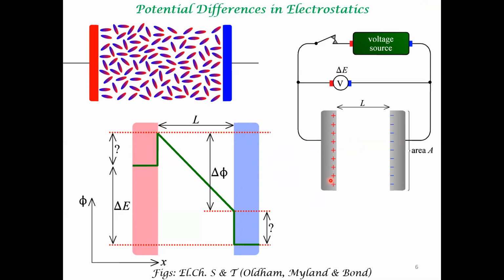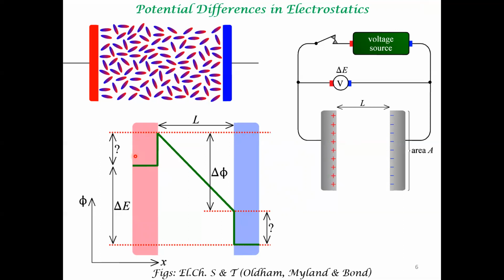But what you should have some appreciation for right now is that there is a potential jump as you go from the electronic conductor to the ionic conductor. What is the magnitude of the potential jump? How do you model this potential jump well? That is a question we will address in this course. But right now, there should be a potential jump. Have an appreciation for this potential jump.